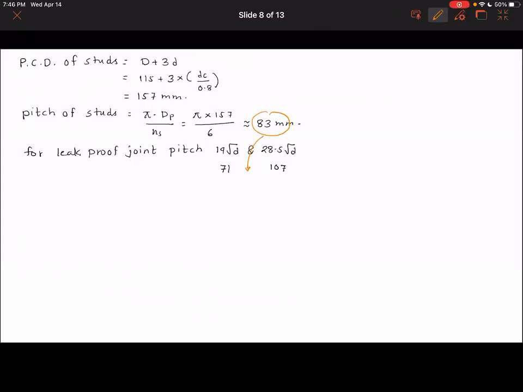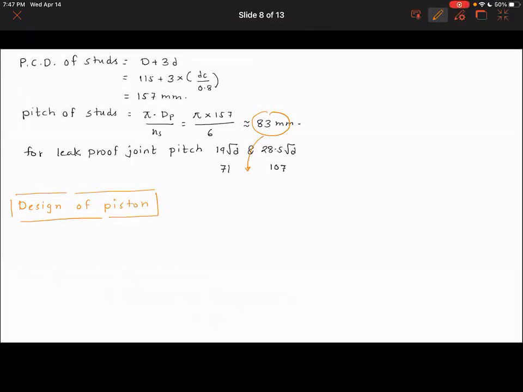So the next part I want to talk about is how do we design the piston. So we are going to talk about design of piston. And piston is actually sort of a disc that reciprocates inside the cylinder.